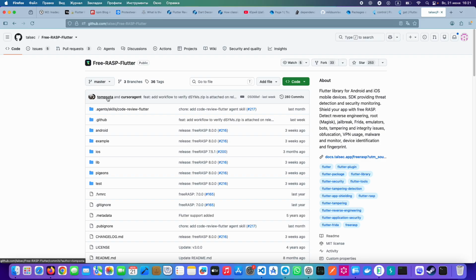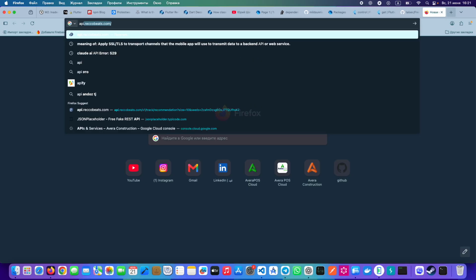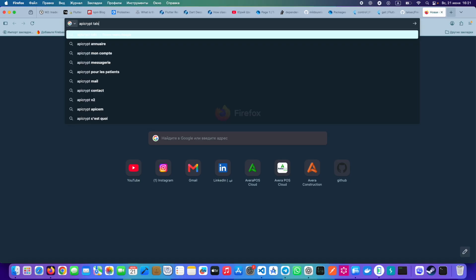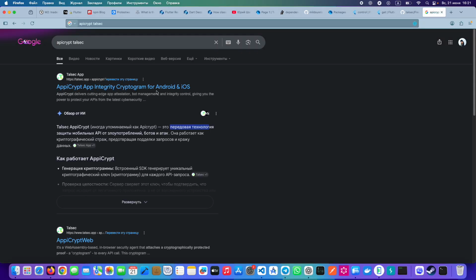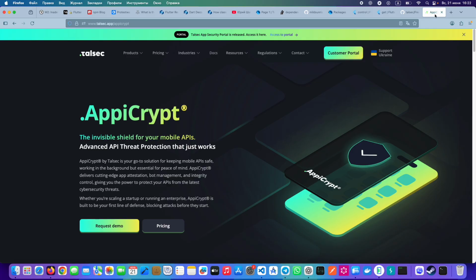It checks your application, that people are not running it in an emulator or on a rooted device, all that stuff. Also, a very interesting thing that they have is API encryption, API crypt, if I'm not mistaken. Yeah, this one. It's very interesting, I guess, as well.